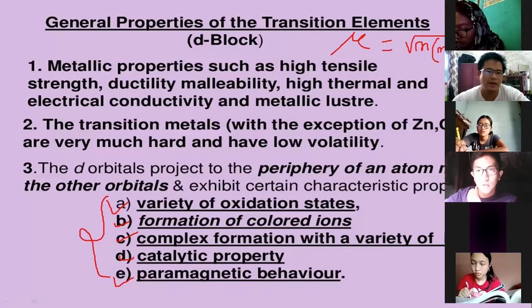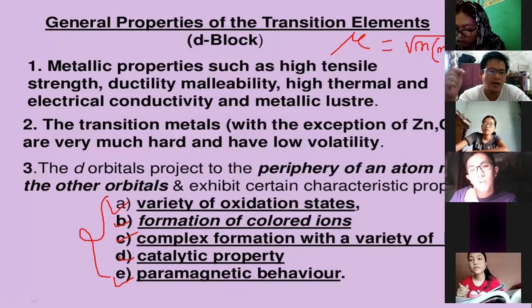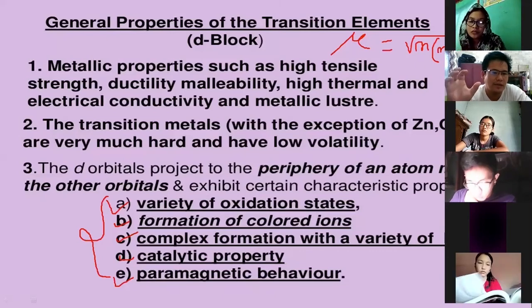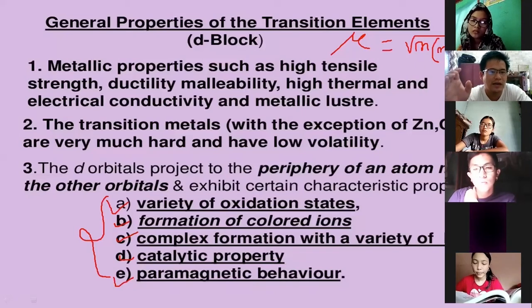So n is the number of unpaired electrons. In the first series of d orbitals we have iron, whose atomic number is 26. Its configuration is argon 4s2 3d6. In 3d6, beyond the half filled arrangement, the electrons pair up, so 4 unpaired electrons remain.